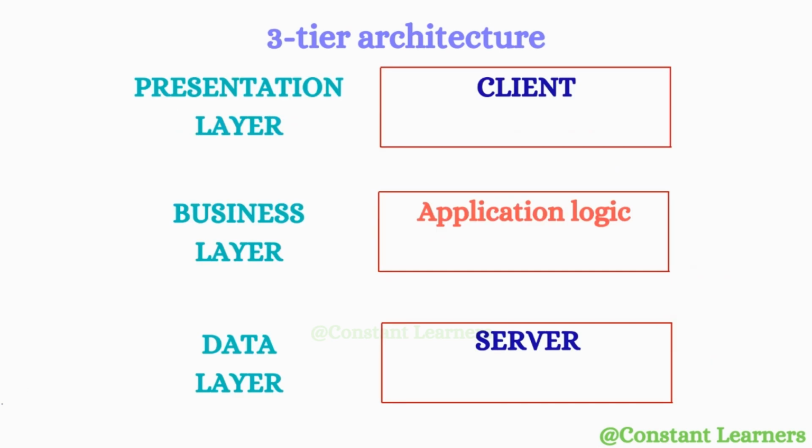What happens if I want to book a ticket online? I will directly open my cell phone or maybe my laptop, and through my laptop I will visit the website for that particular multiplex and try to book the ticket, or maybe I will use some kind of app.